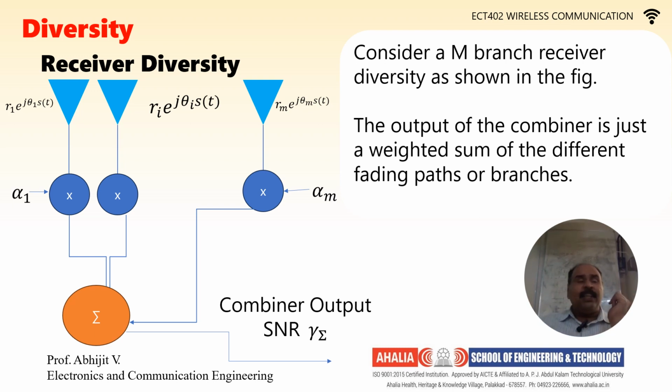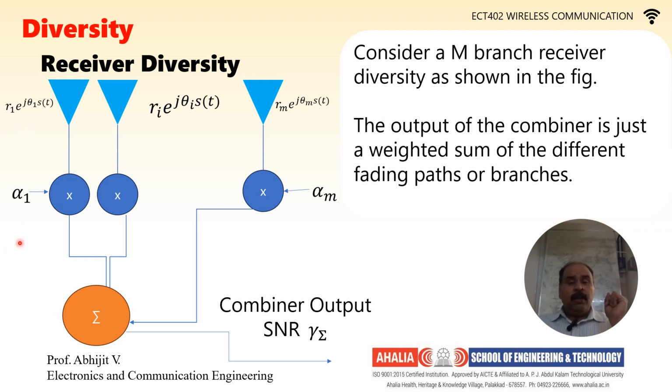So let us consider a system where we have a set of received signals from 1 to M. Let this be receiver 1, receiver 2, receiver 3, and so on up to receiver M. This is called an M-branch receiver diversity.